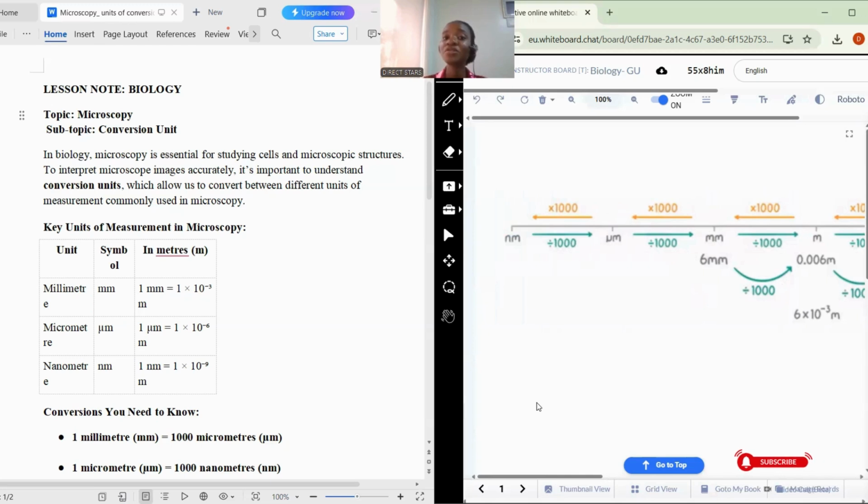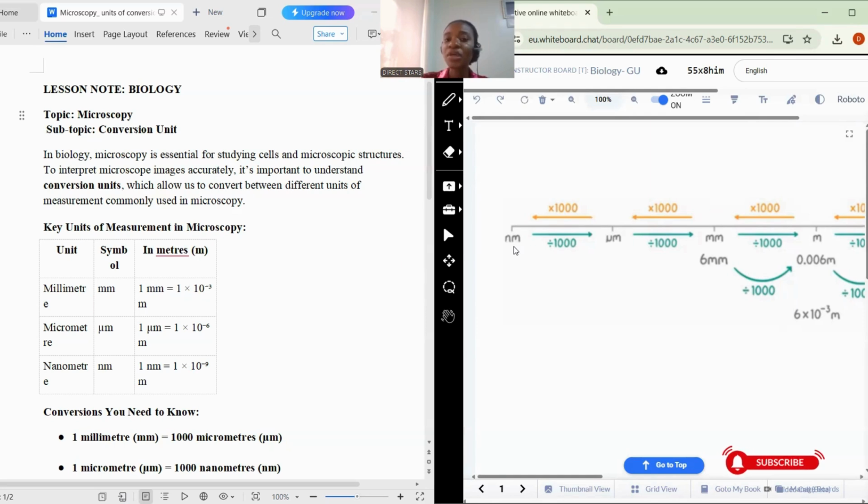So the smallest unit of conversion in microscopy is the nanometer. All right. So the nanometer is the smallest unit of conversion. That is, for you to be able to see an object that is being measured in nanometer, it needs to be magnified to, let's say, the millimeter or the meter for you to be able to view it with your own eyes.